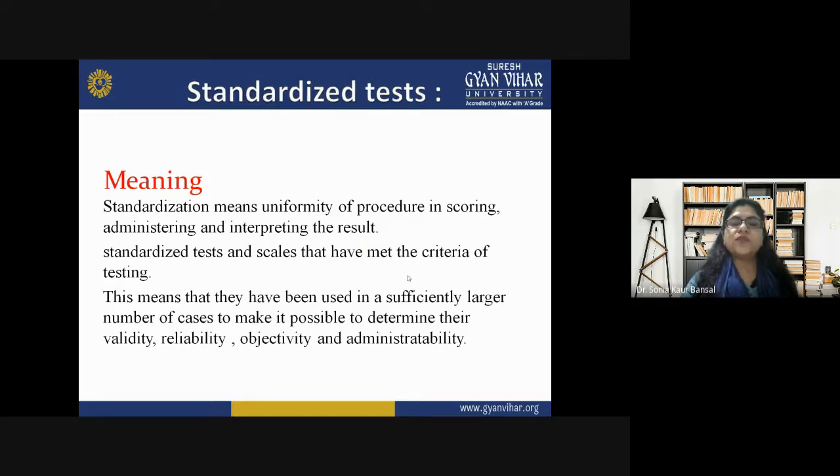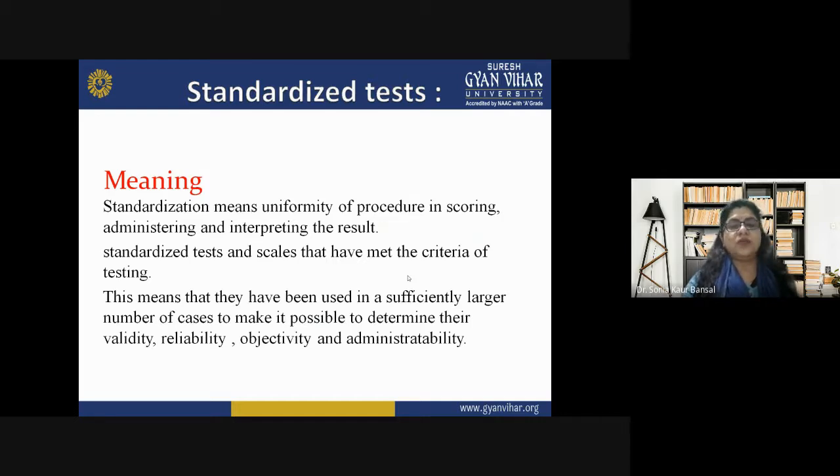So when we are talking about standardized tests, they are framed on the basis of particular objectives, a particular dimension. It may be psychological or any other dimension.